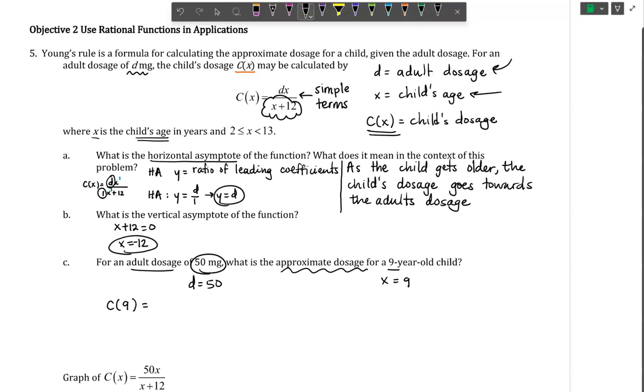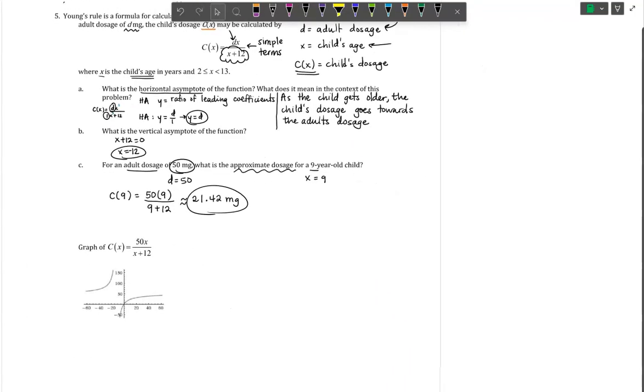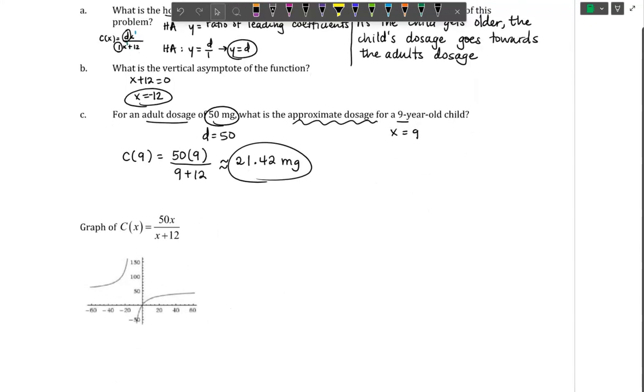We want to plug 9 into the function. So instead of writing Dx, I'm plugging in 50 for D, and I'm plugging in 9 for x. And then in the denominator, I'm also plugging in 9 for x. And I'm getting that this comes out to be approximately 21.42.